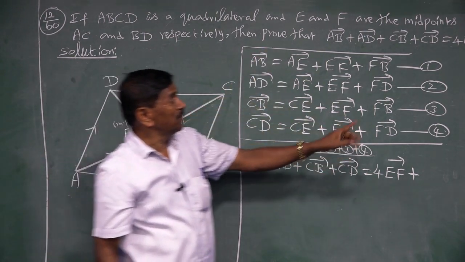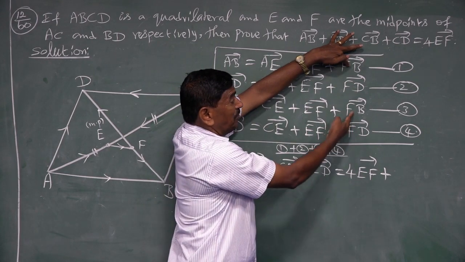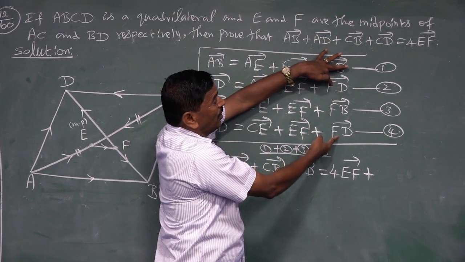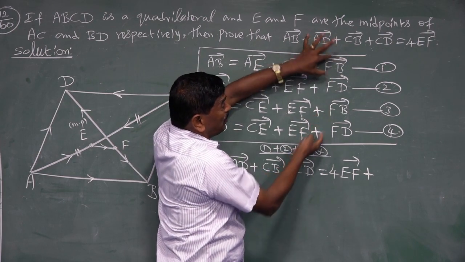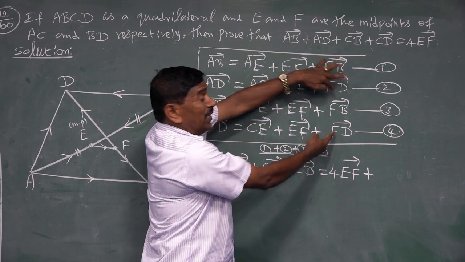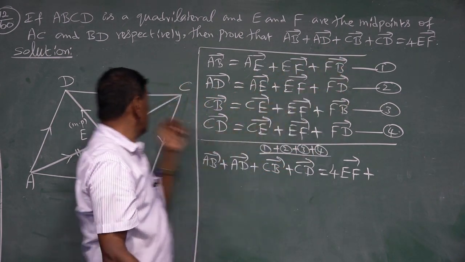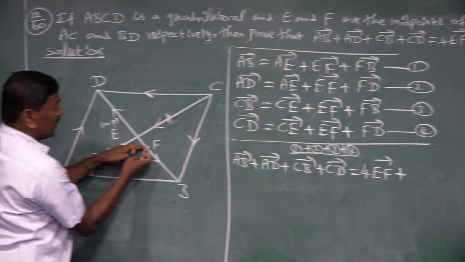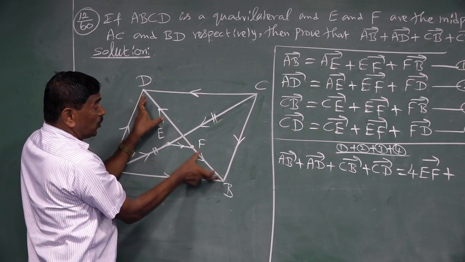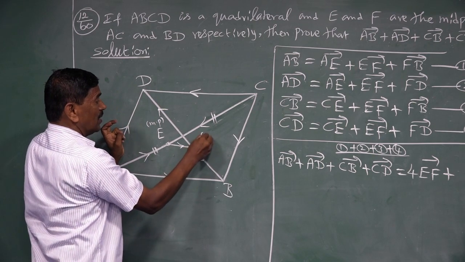Come to the last term. Listen, FB vector twice and FD vector twice, where F is a common point. What can you say about FB and FD? Listen, from the diagram, FB and FD are equal in magnitude but opposite in direction because F is a midpoint.